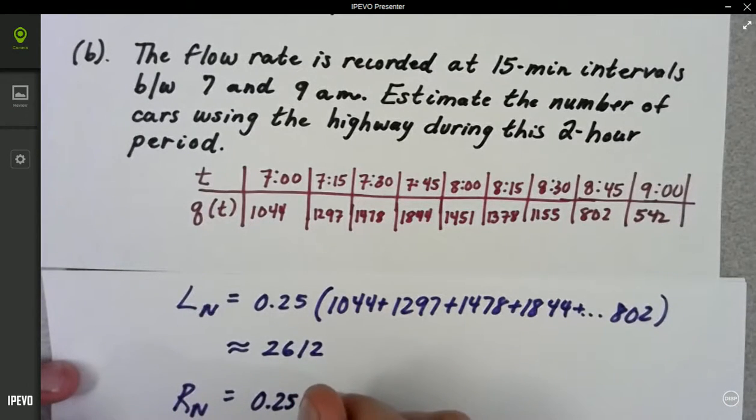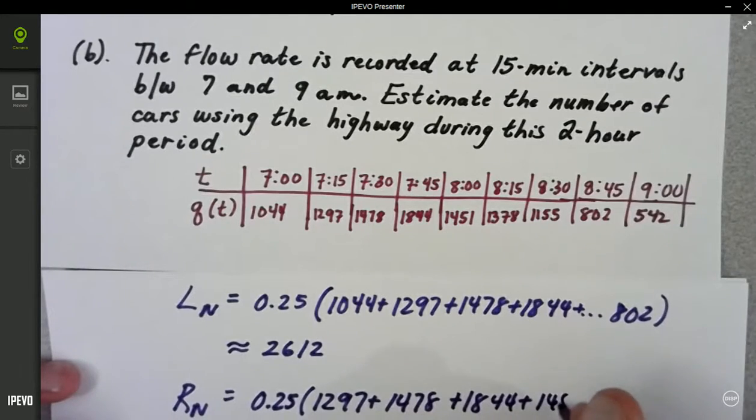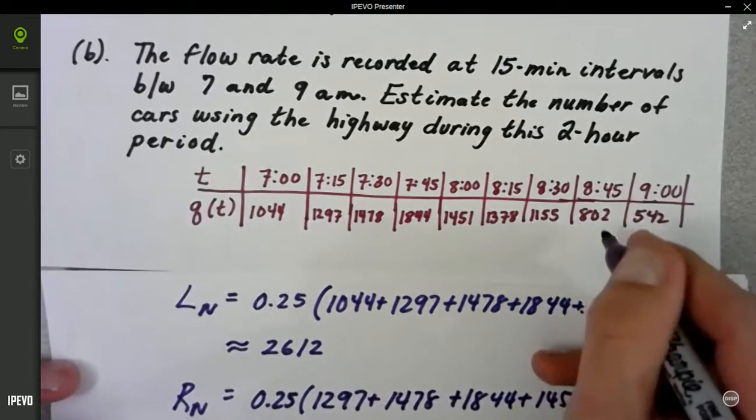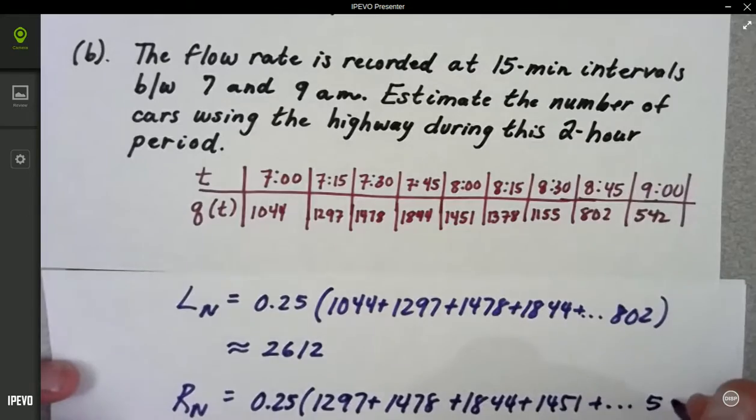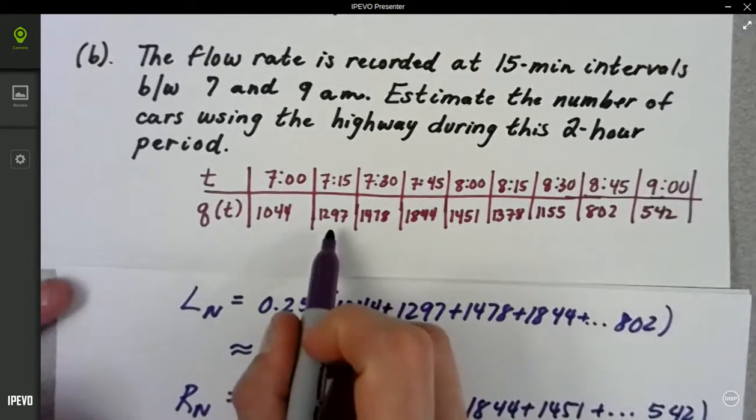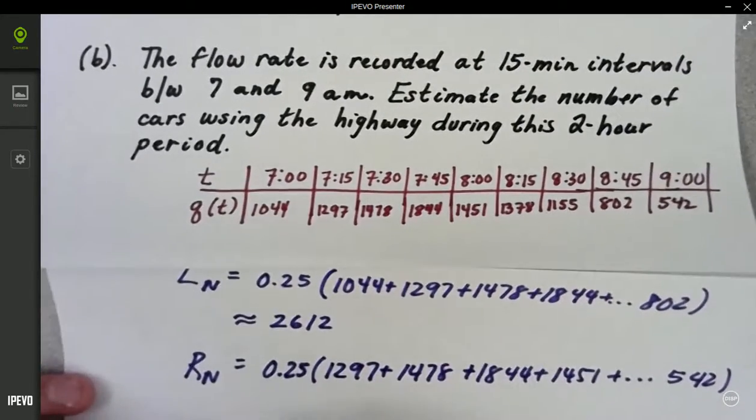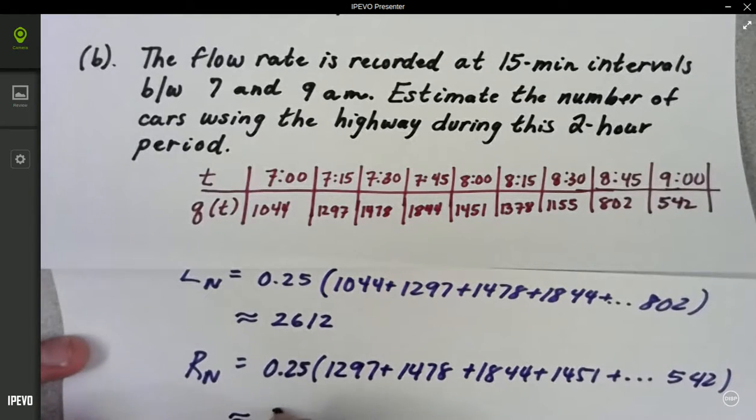That starts at 1297 plus 1478 plus 1844 plus 1451, and so on, until the last one, 542. You take all these sums and multiply by a quarter, and you get approximately 2,487.